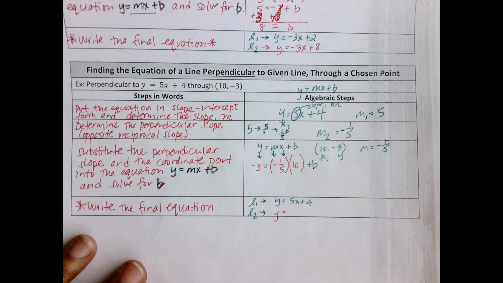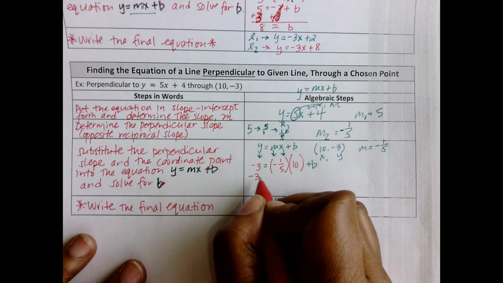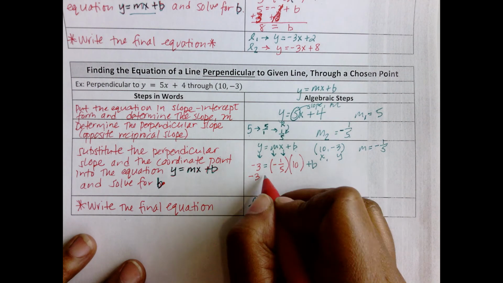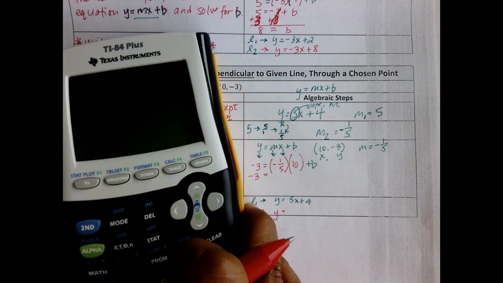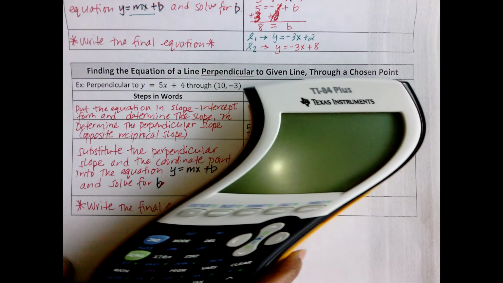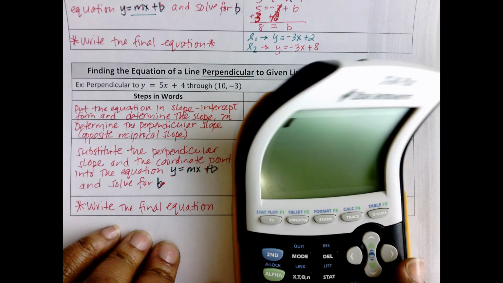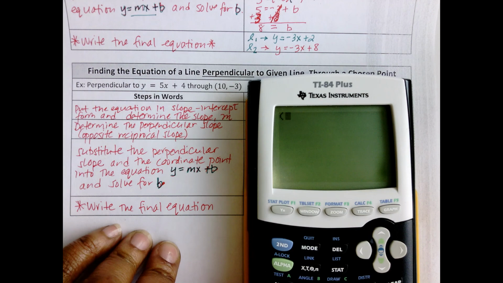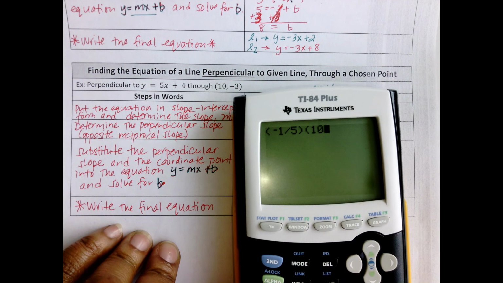After I calculate all of this, I'm going to rewrite it. Let's multiply that. Don't really need to, but just for the sake of showing you how to work with fractions, which I know you hate: negative 1 divided by 5 times positive 10 is equal to negative 2.